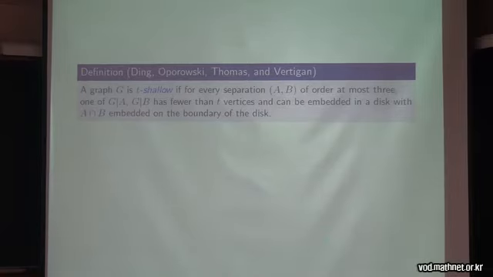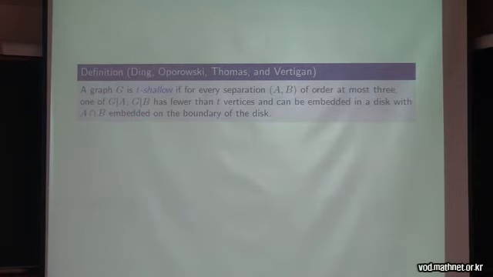So you don't have to worry about them. So they define T-shallow in separation of order 3: one side must be embedded in a disk, and the size of that side must be less than T vertices. I will explain this meaning later.